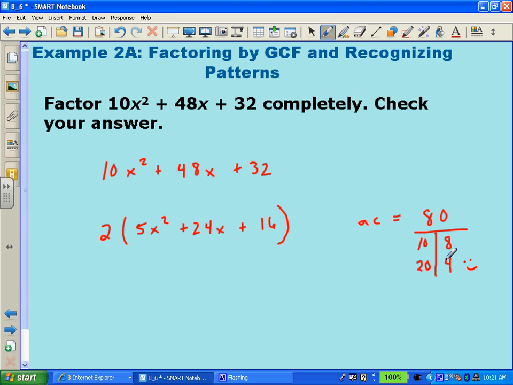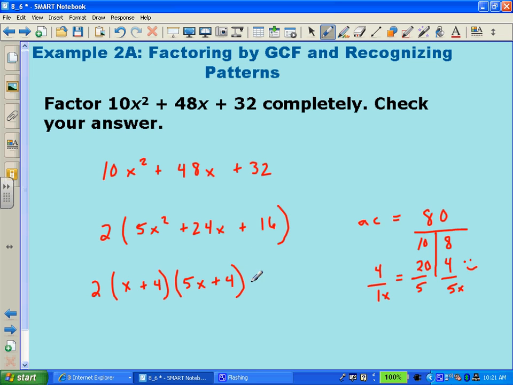I think that'll work. So remember, with our factoring method here, we'd put both of those over a and reduce if we can. So 20 over 5 is 4 over 1, and then we're going to put our x's in. So I have to keep my 2, don't forget about the 2, and then I have x plus 4, and I have 5x plus 4.